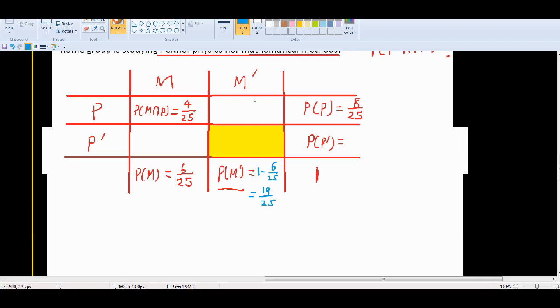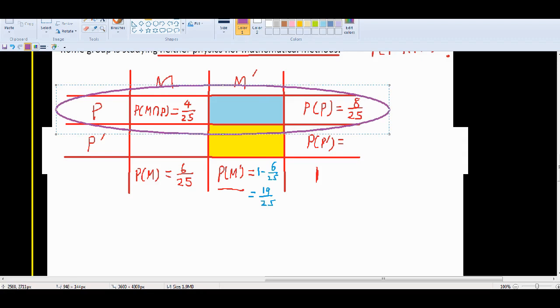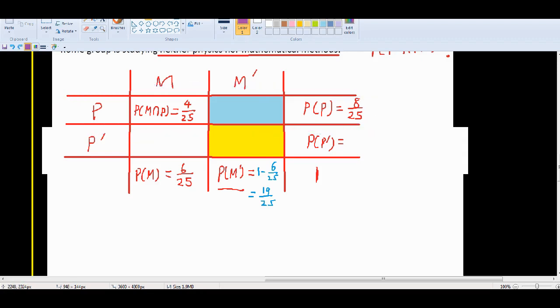After we get this number, if we can find the number of this blue cell, then we can find the yellow, right? How can we find the blue cell? When you consider the second row, the row starting with P, along this row, let me highlight this, you can see we got two numbers already.